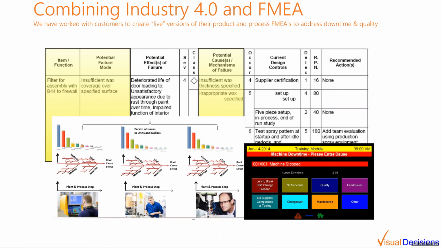And it goes through a very detailed process of identifying what the different failure modes are and what the effects of that failure are. That tells you symptoms that you can look for. What are the potential causes or mechanisms of failure? So, the root causes of those different failure modes.